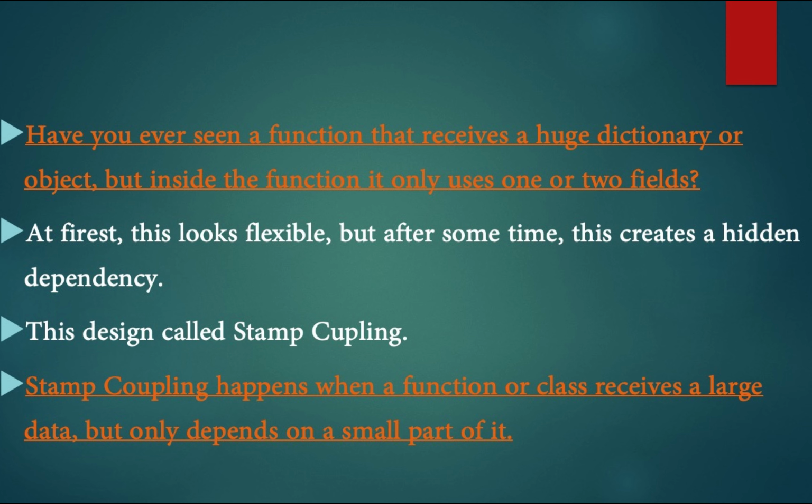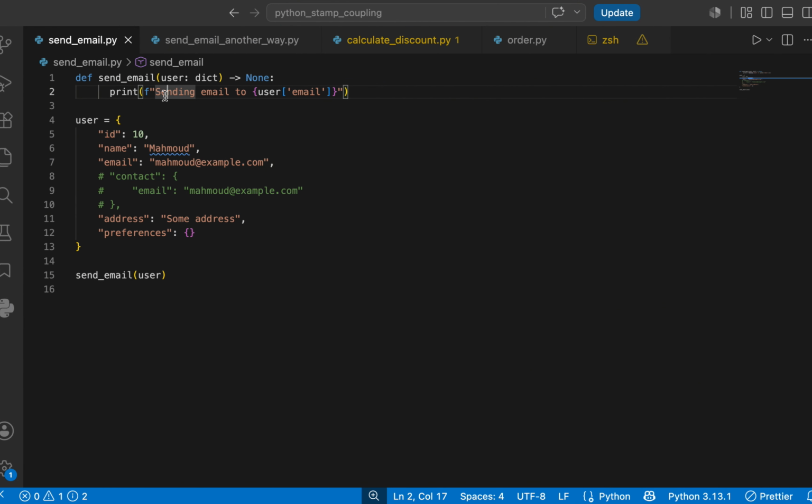Step coupling happens when a function or class receives a large data structure, but only depends on a small part of that structure. For example, imagine a function that sends an email. It only needs an email address, but instead of receiving an email address, we pass the entire user object. The function works, but there is a hidden problem. The function now depends on the complete shape of user dictionary.